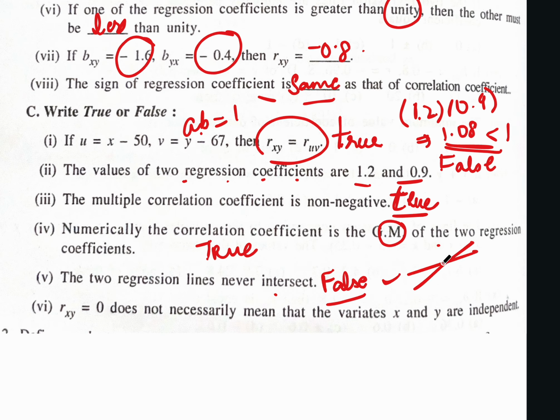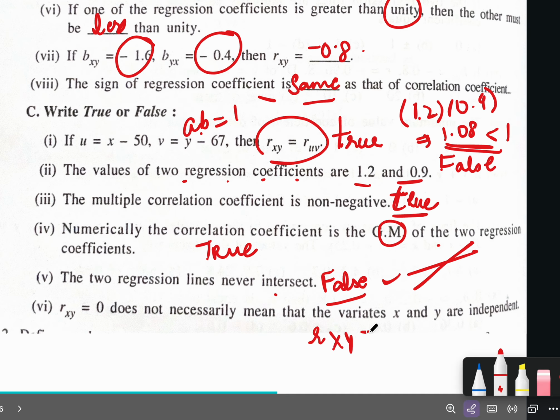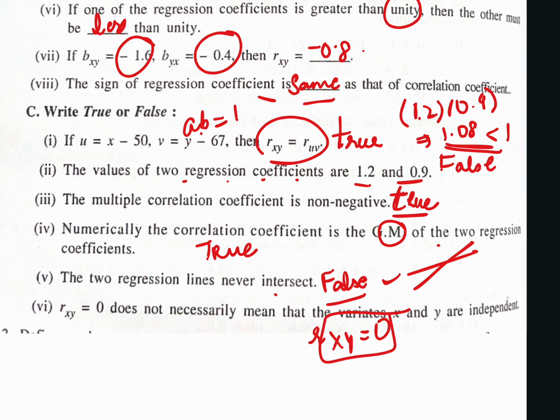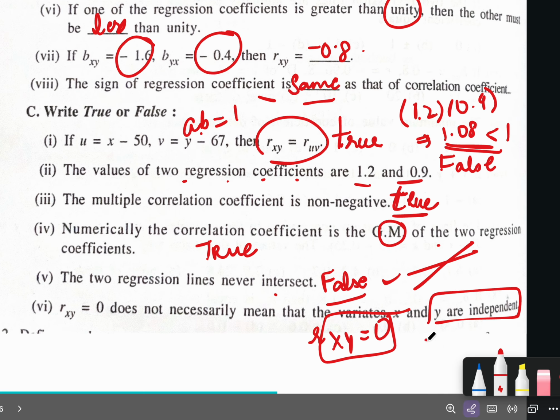They can very well intersect. rxy equal to 0 doesn't necessarily mean that they are independent. That can be true because, see, then what, necessarily means a lot of things.